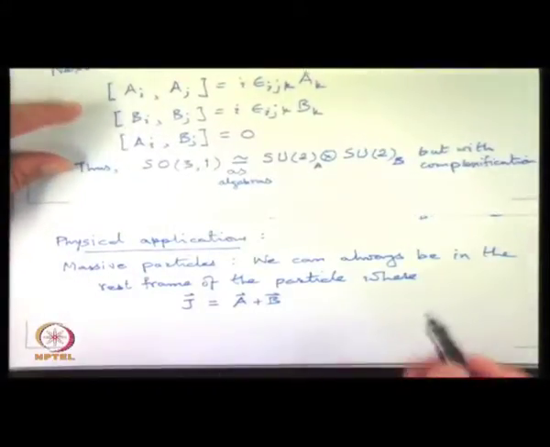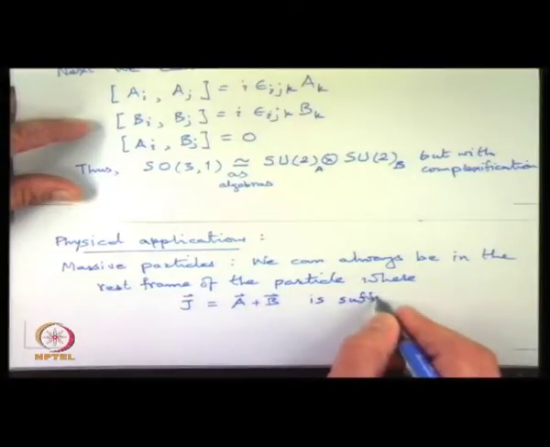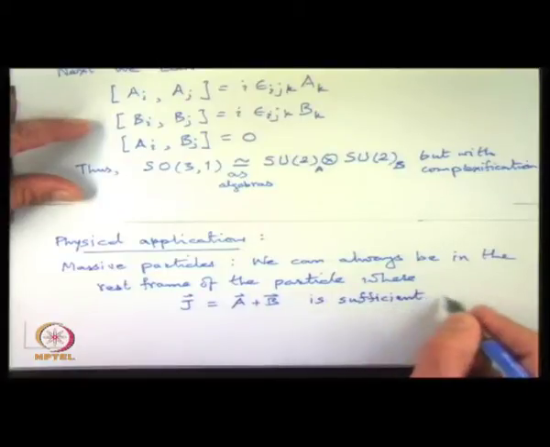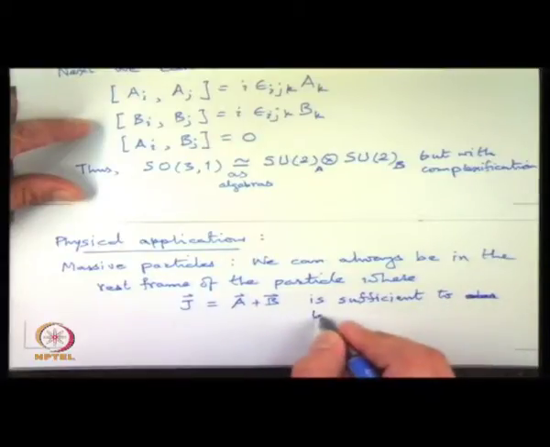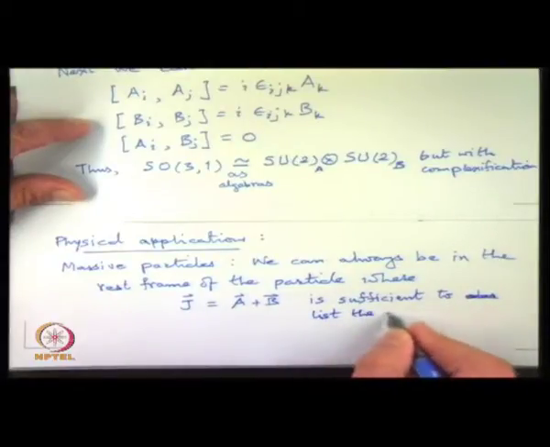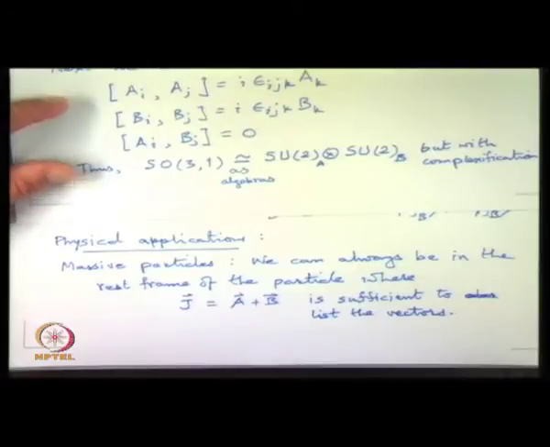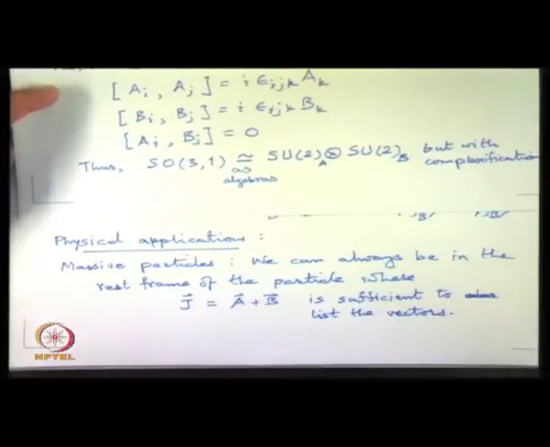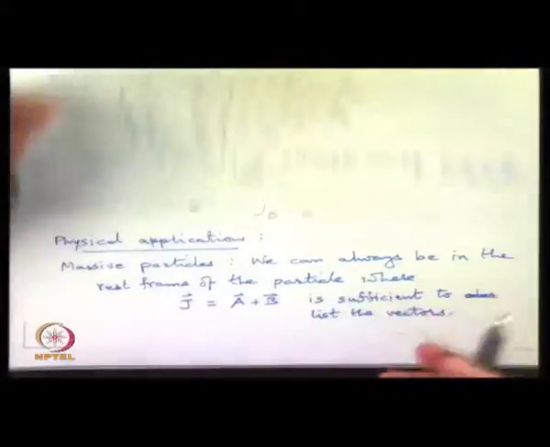So J equals A plus B is sufficient to classify the representations, to list the representation vectors. So rotations alone are enough to give you the required basis vectors, and then you can find the wave function in any other frame of reference simply by boosting, by applying a boost which will be exponential of this A plus B.